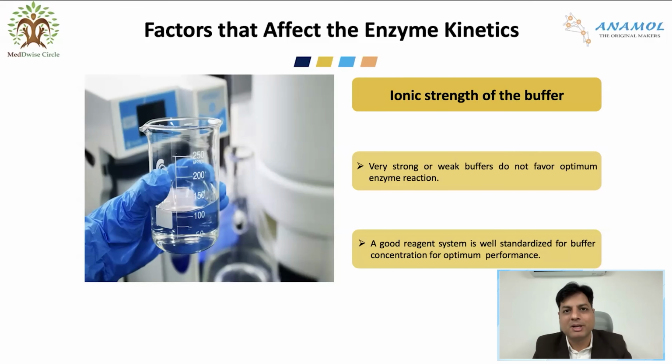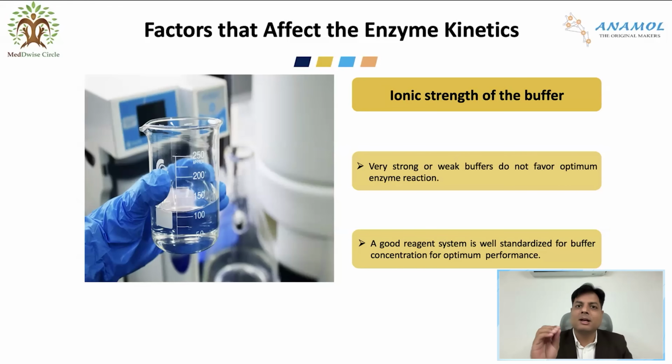These gases also come in contact with the reagent or the reaction mixture. And when gas comes in contact with the reaction mixture, it forms certain acids or certain bases in the reagent mixture, which tend to change the pH of the reagent. That is why the reagent is made of a particular buffer.